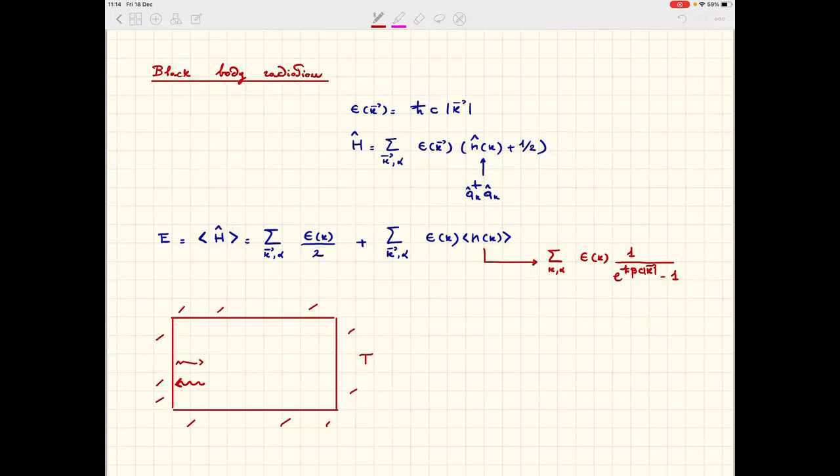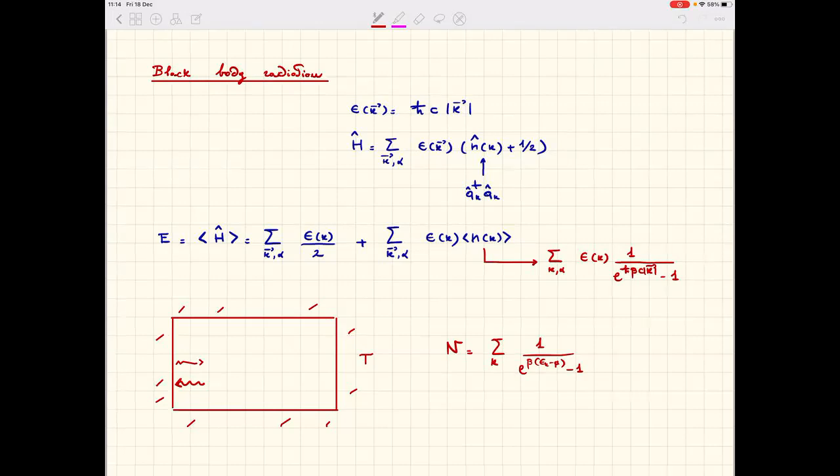So how do you fix a chemical potential? You fix a chemical potential through this equation, right? 1 over e to the beta epsilon k minus mu minus 1, right? This is what we have done for Bose-Einstein condensation and company.